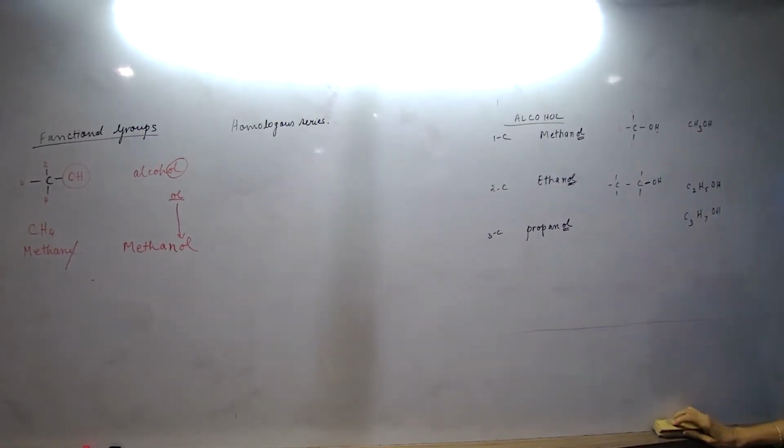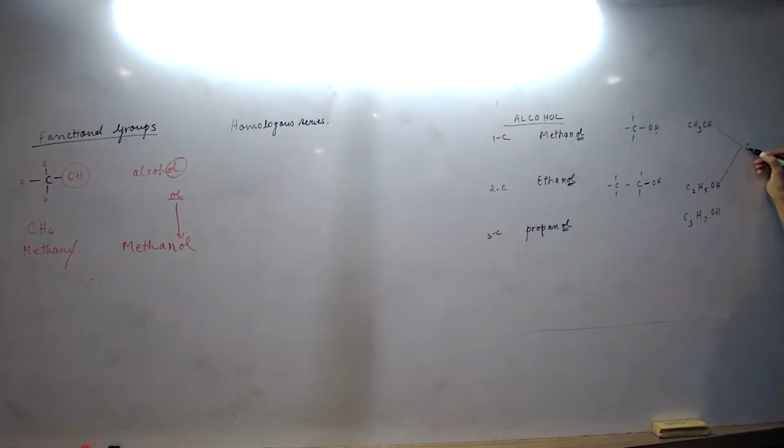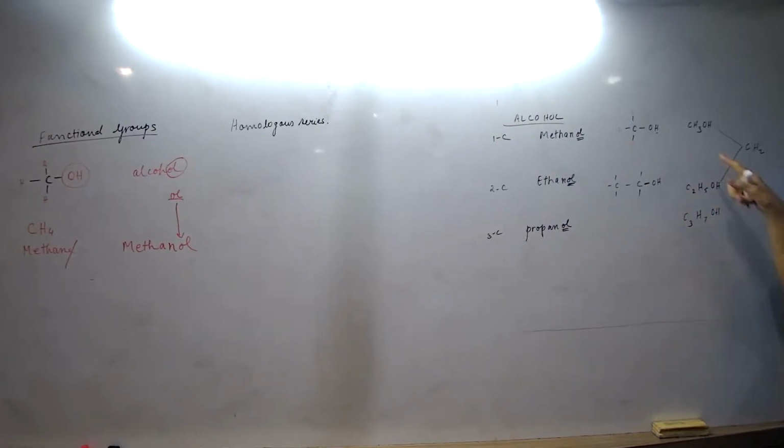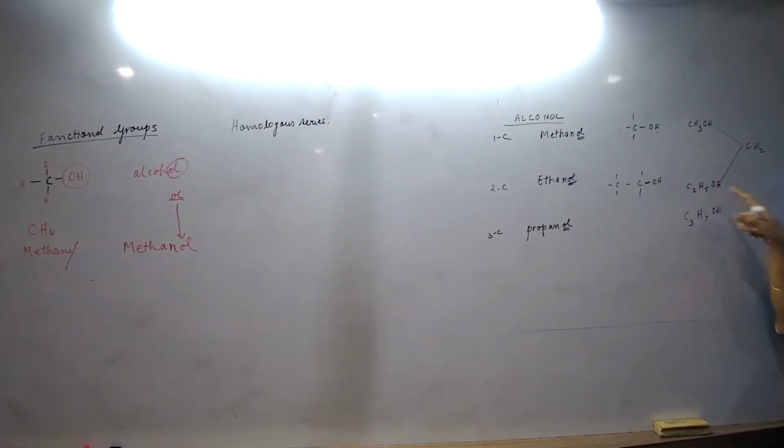Now, very carefully look at the board, everyone. Am I too fast? No, ma'am. Okay. Now see this. What is the difference between these two? One carbon, CH2. There's a difference of two hydrogens. One carbon has increased and two hydrogens have increased.